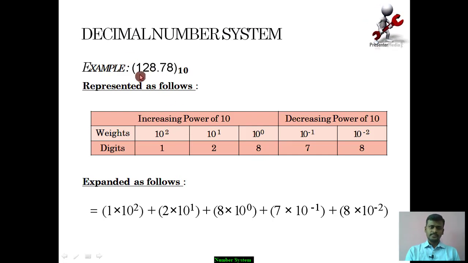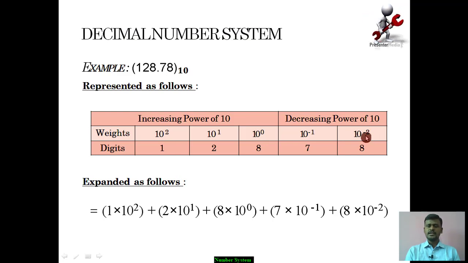Likewise, we will start assigning from the right side of this fractional point as minus values. So here we have written for 7 minus 1, for 8 minus 2. The same will be represented in this table, that is for 7, 10 raised to minus 1, for 8, 10 raised to minus 2.